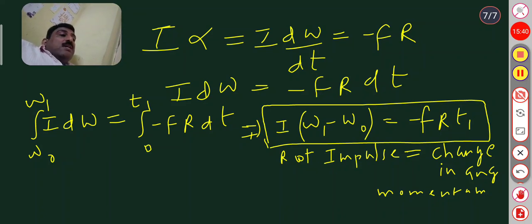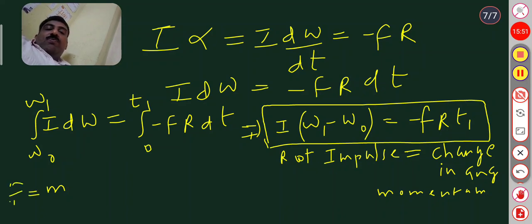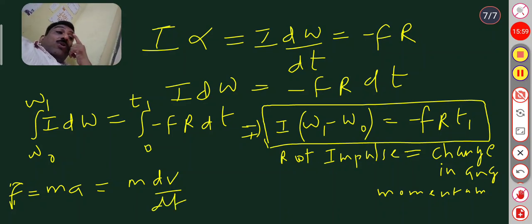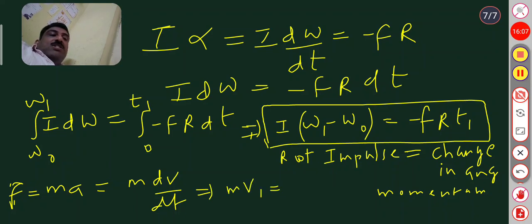Now if you consider the second equation, F is equal to m into a. F is the frictional force, F is equal to m into a, that is equal to m into dv by dt. So you will get m into v1 is equal to F into t1, or m into r omega 1 is equal to F into t1.